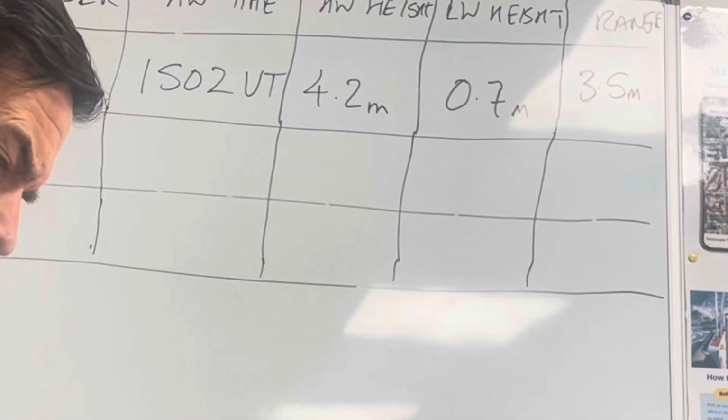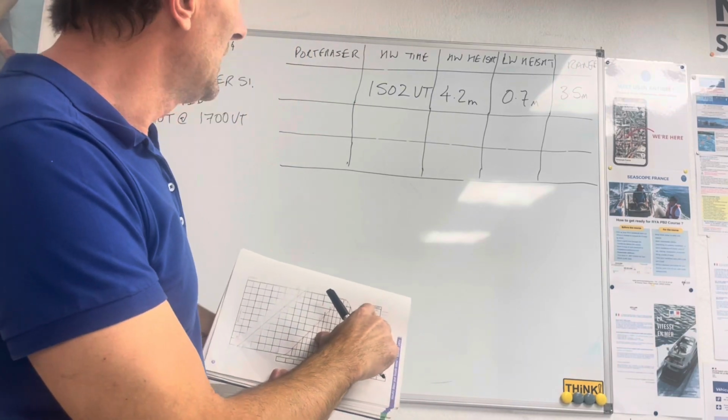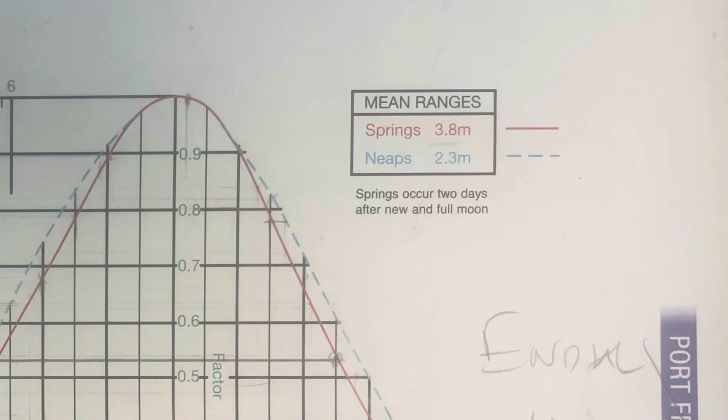We're going to have a look at that, and we can see that that's somewhat intermediate, but certainly closer to springs than neaps. So we're going to be much closer to the red line on the curve in the almanac there.